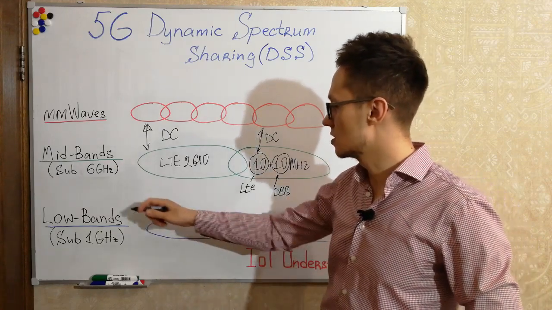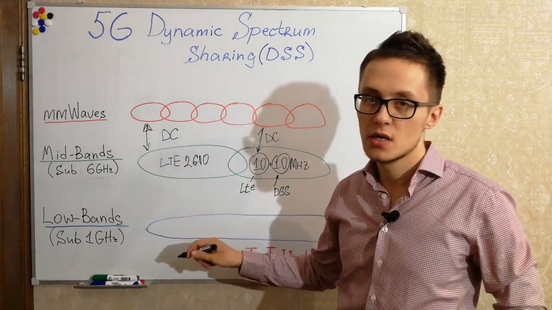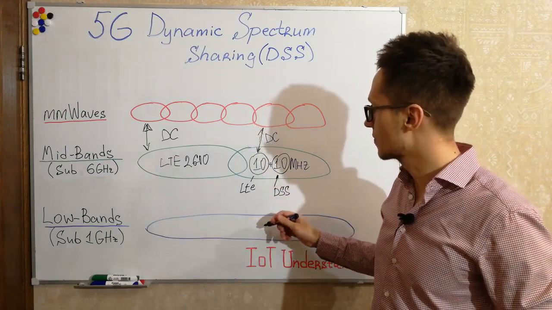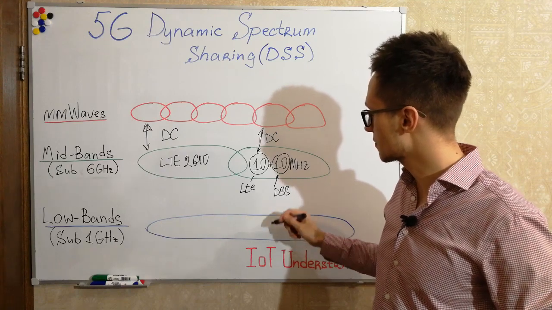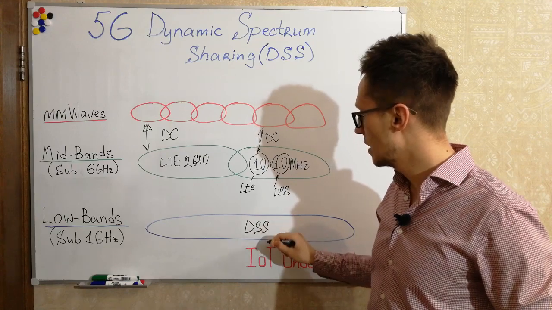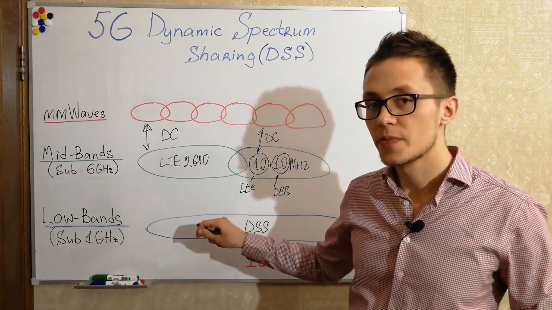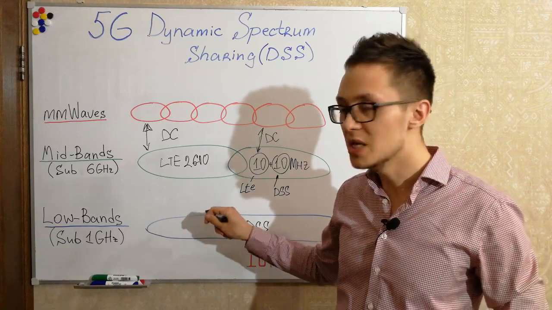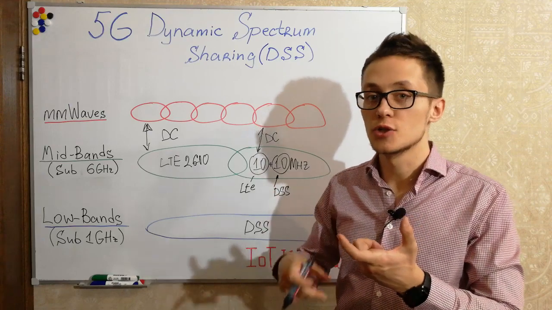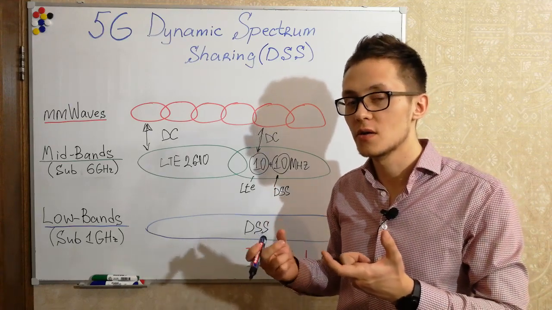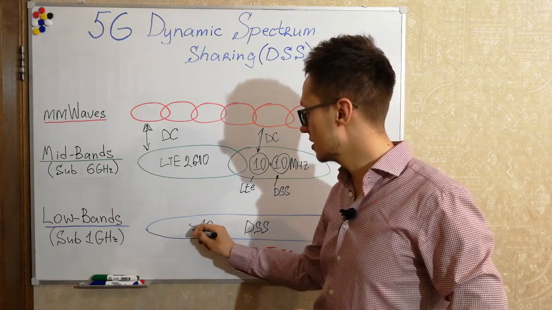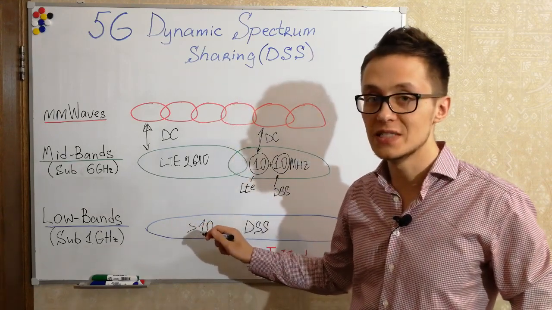Let's assume these are low bands with current LTE, UMTS, GSM, and this may be used again as DSS. But I suppose the minimum bandwidth of current LTE should be more than or equal to 10 megahertz, at least at early stages of DSS deployment.